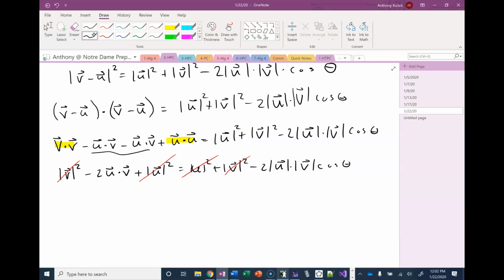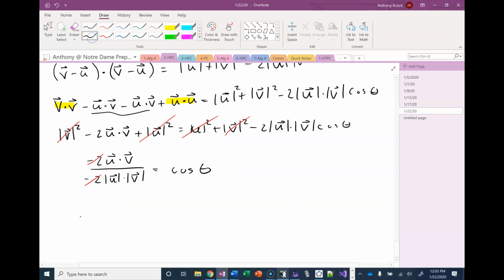Now what I'm going to do is divide both sides by negative 2 times the magnitude of u times the magnitude of v to get the cosine by itself. So the negative 2's can cancel.